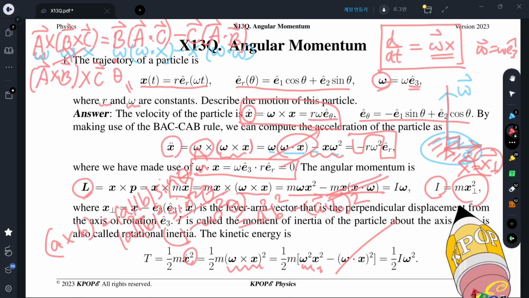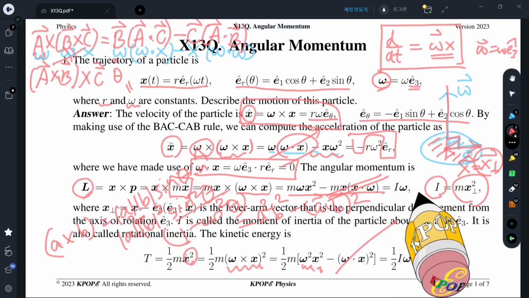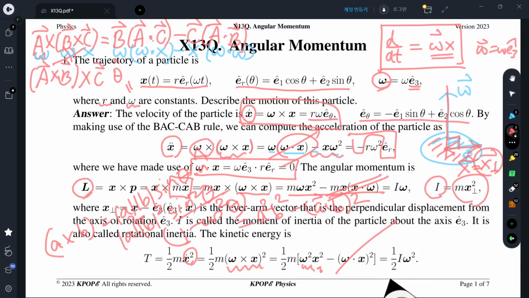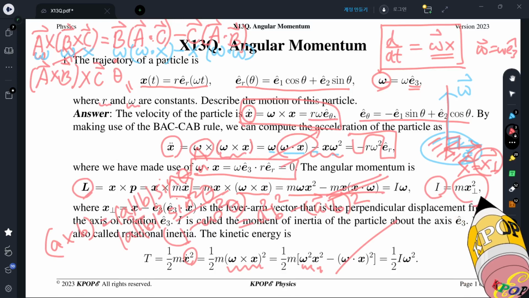That is the moment of inertia. So if something is making a uniform circular motion, then the angular momentum is I times omega, and the kinetic energy is 1/2 I omega squared, where I is mass times lever arm squared.